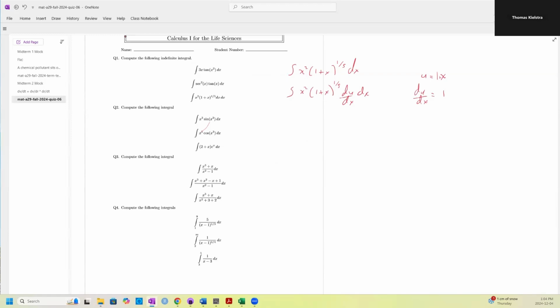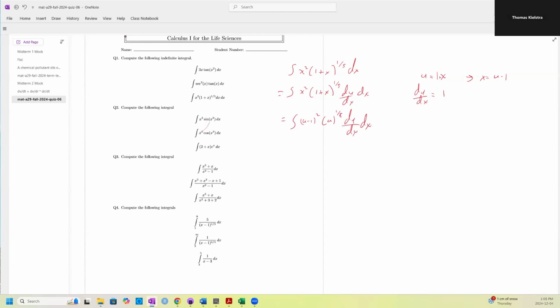And you might ask yourself, why does this help? Well, here, this implies that x equals u minus 1, which gives me, to complete the substitution, I need to replace x with u minus 1. So it's the integral of u minus 1 squared u to the 1/5 du by dx dx.